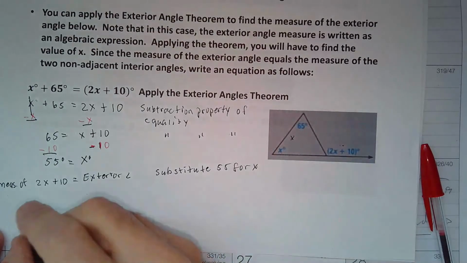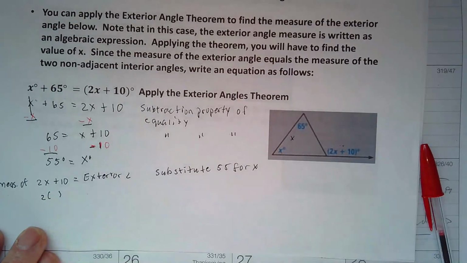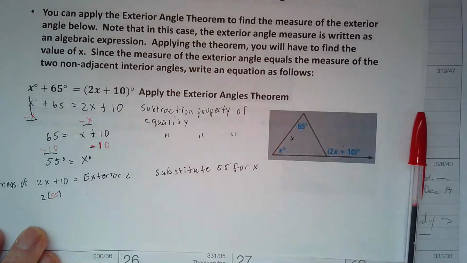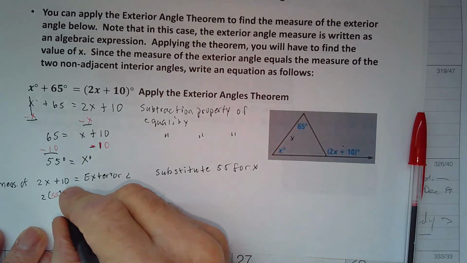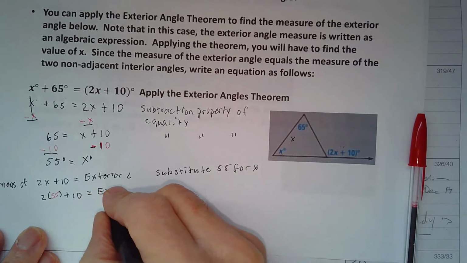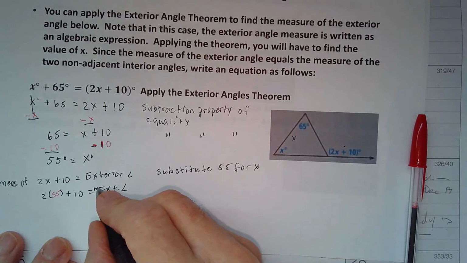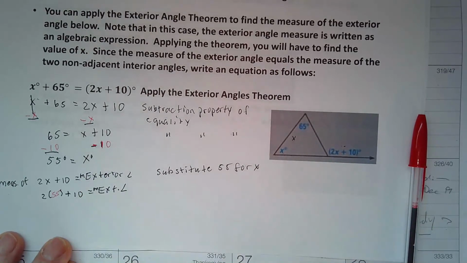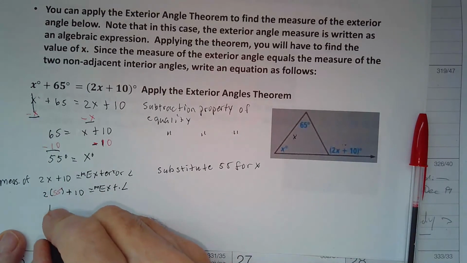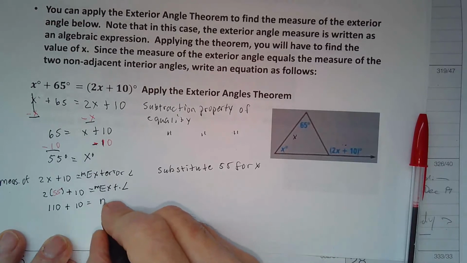So I'm going to have 2 times 55 plus 10, and that equals the exterior angle. I'm going to abbreviate, or the measure of the exterior angle. So what's 2 times 55? It's 110. Plus 10 equals the measure of the exterior angle.